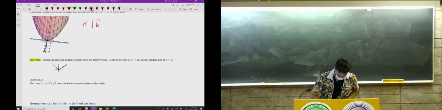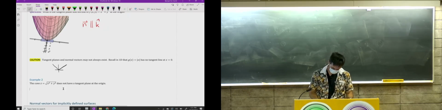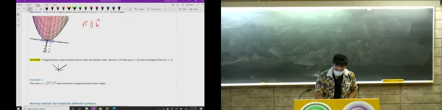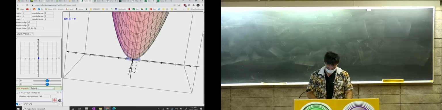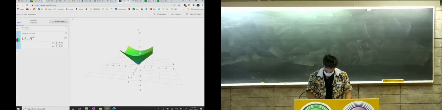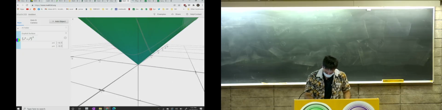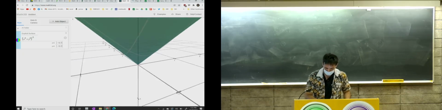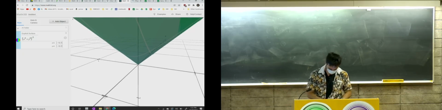And I believe you've seen this on the homework. So let me show you the graph of square root x squared plus y squared. It's kind of like the 3D version of the absolute value graph, actually. There's the cone. And if you zoom in at the origin, it's got a sharp point right at the origin. So there's not going to be a well-defined tangent plane right at the origin.